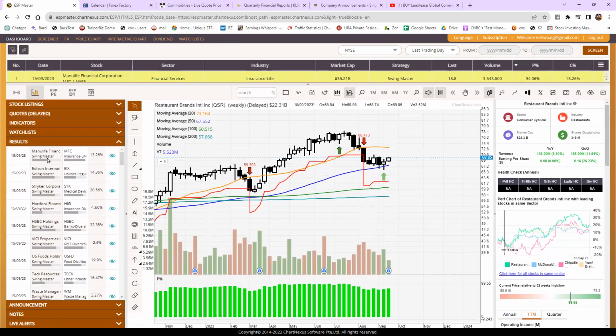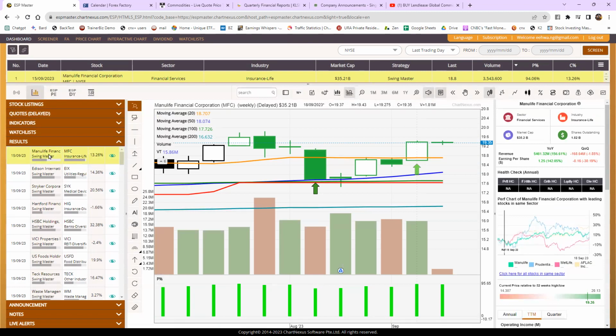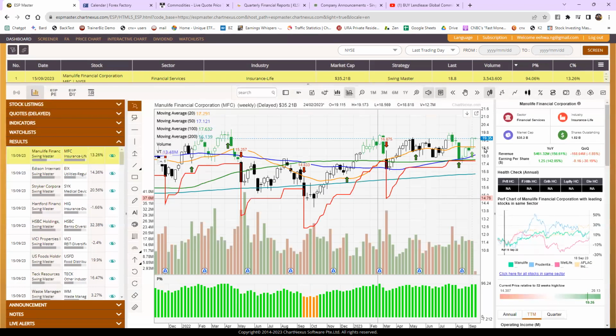Now, what do we look for? Let's go step by step. Let's take a look at the first stock on the list. Firstly, it must show you a consolidation. Then, I put the revenue and earnings per share.